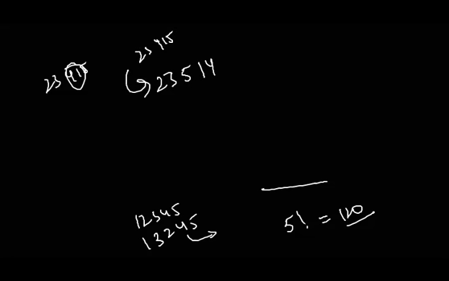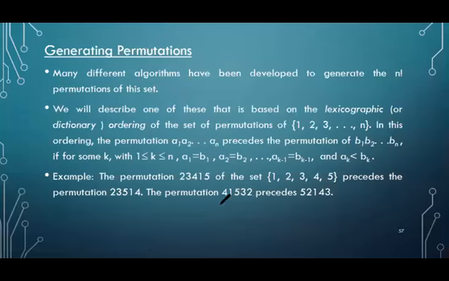Similarly, for another number, 4 1 5 3 2, we will keep checking: is 4 less than 1? No. So over here the first position 4 will be replaced by the smallest number which is greater than 4, that is 5. So we will have 5 first, and the next numbers should be arranged in the smallest order.